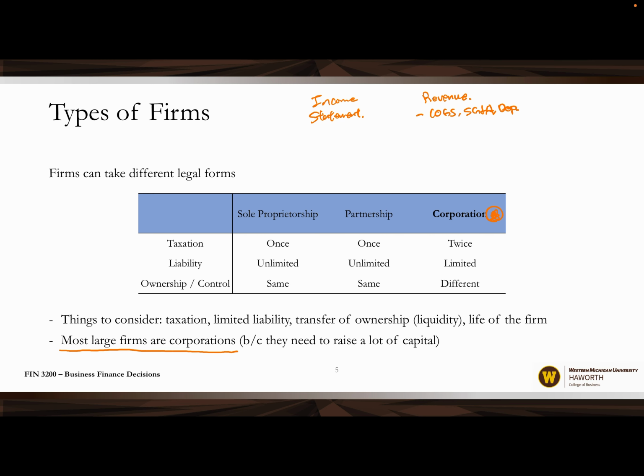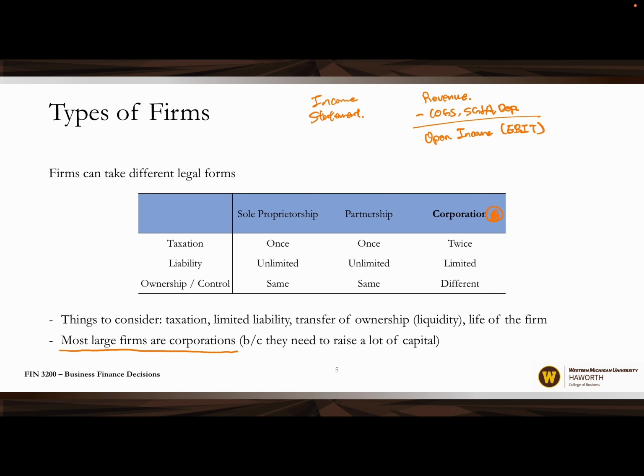And then you get to your operating income, or the EBIT, earnings before interest and tax.